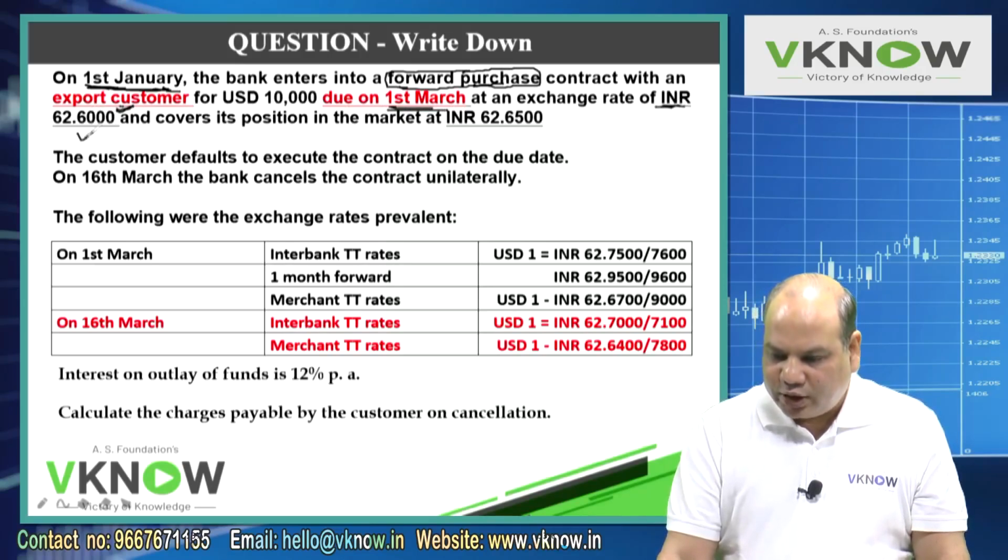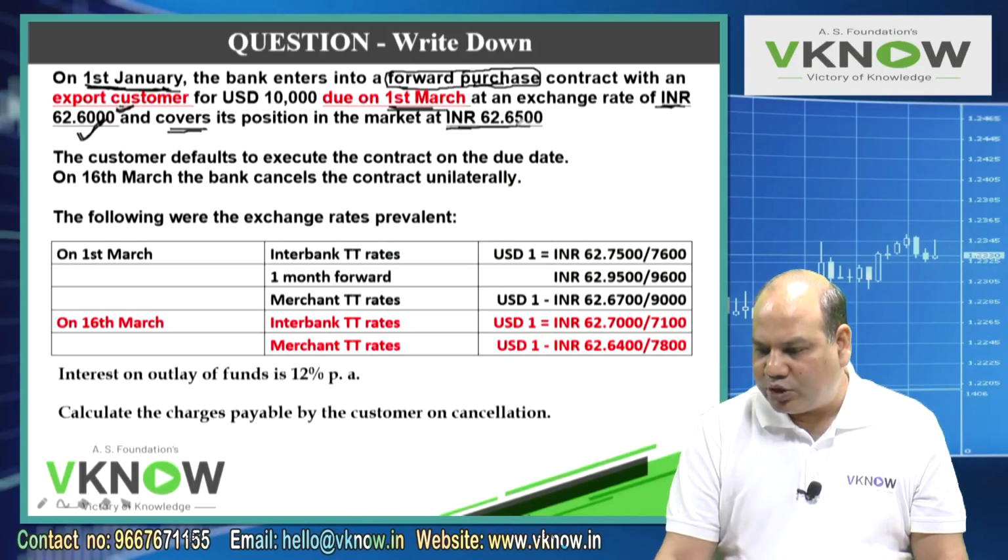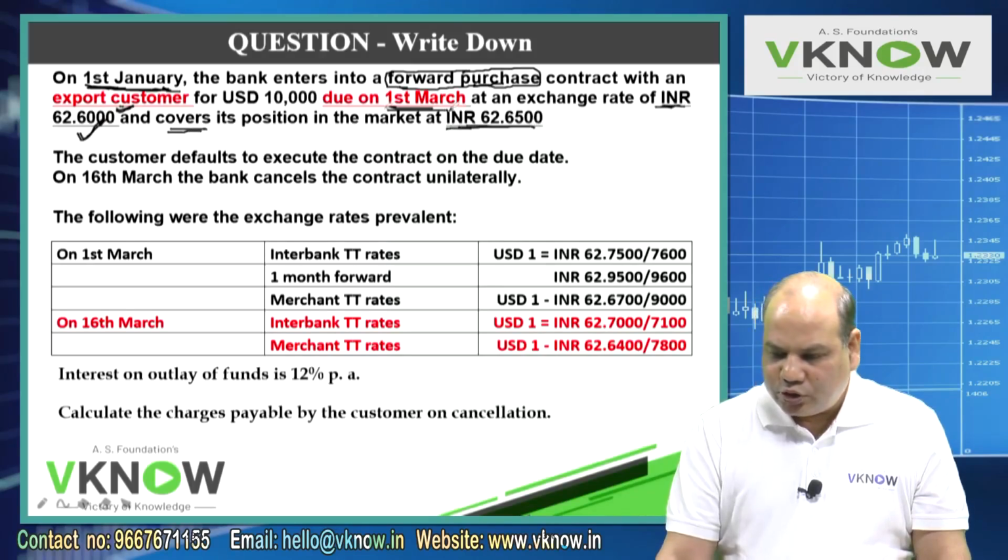So this is the rate at which the bank will buy from the customer, and it covers its position in the market at 62.6500. So the logic is the bank will purchase from the customer at this lower rate, and sell in the interbank market at a little higher rate.